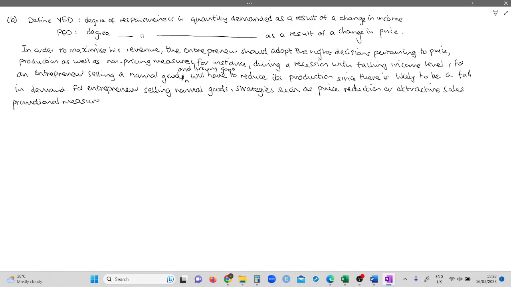Sales promotional measures can be adopted in order to attract customers.